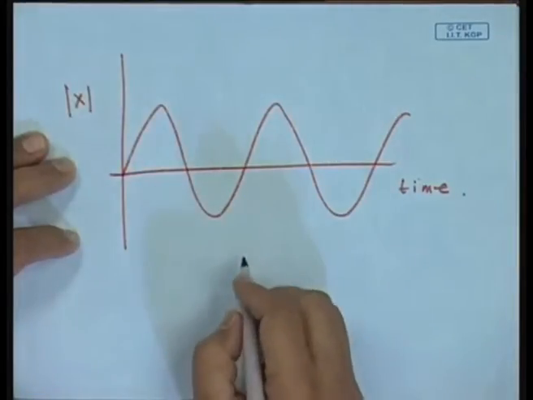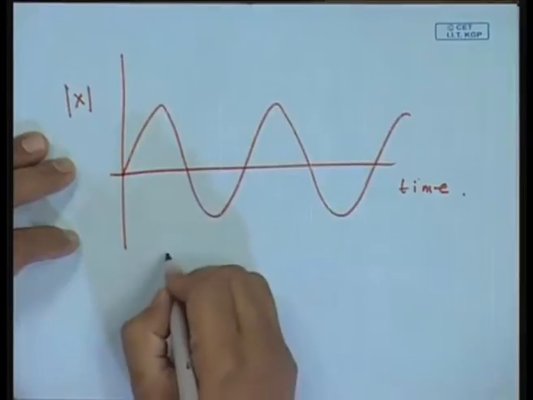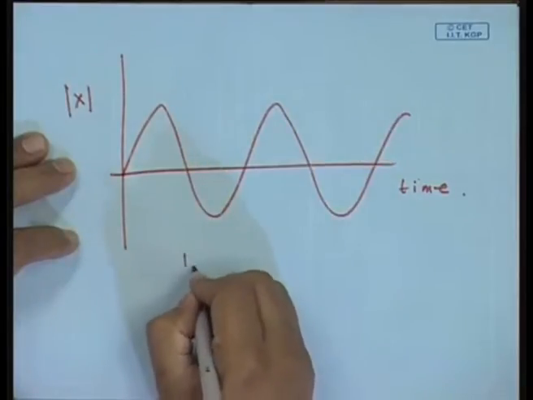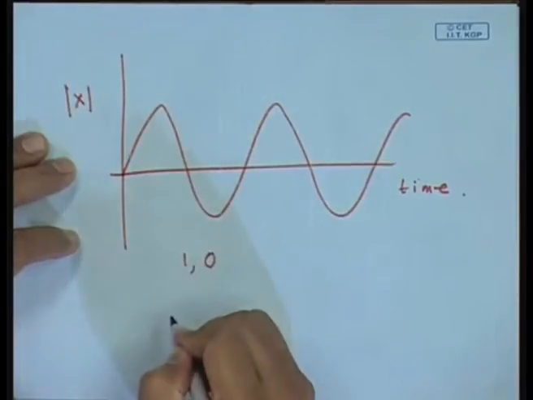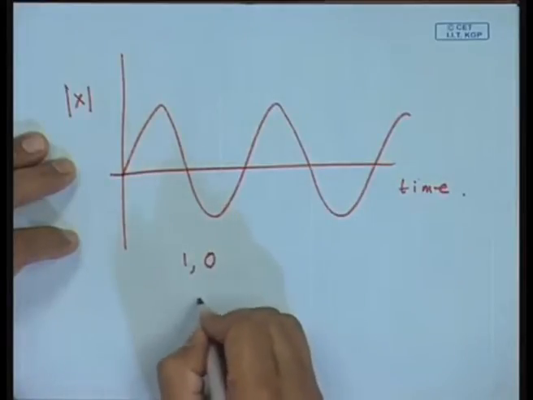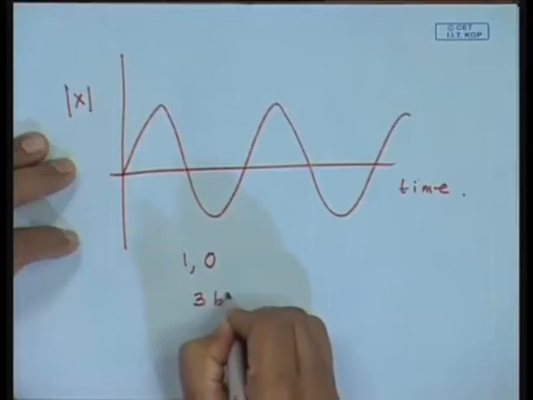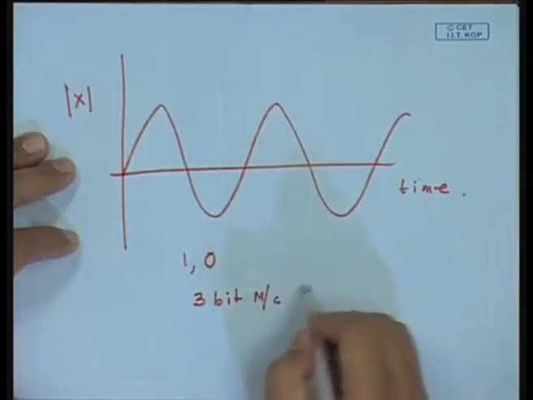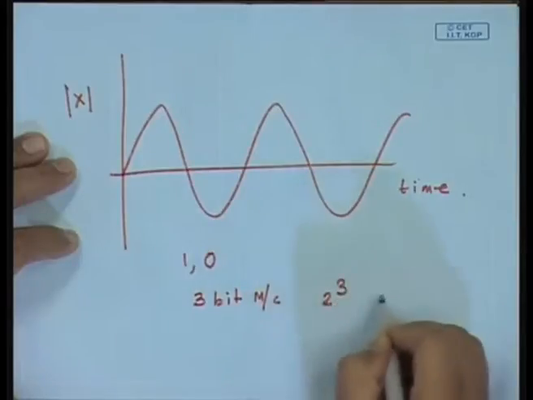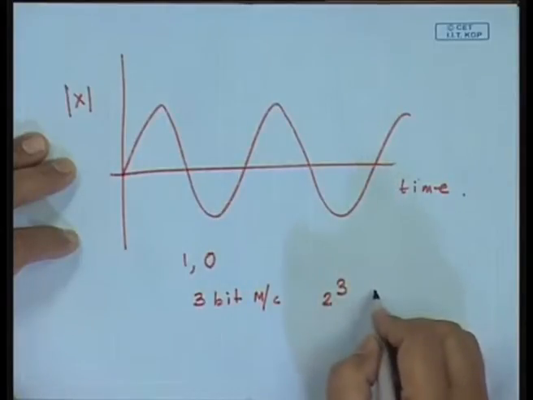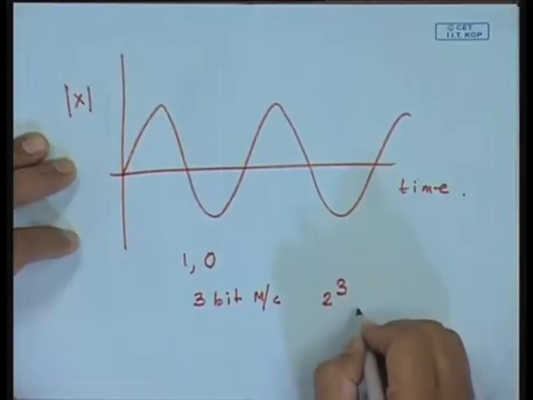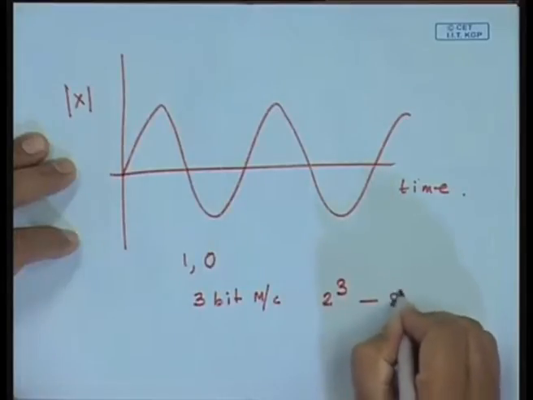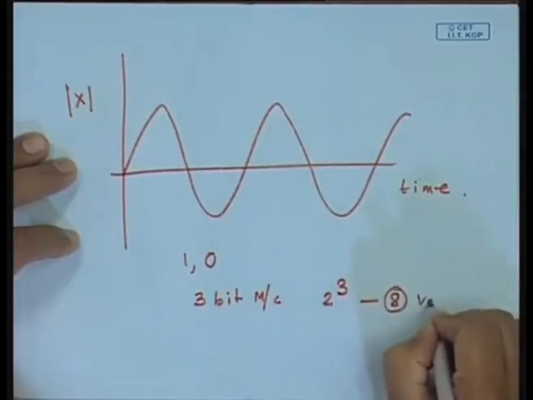Now, as you know, in a computer, data are stored either as ones or zeros. Say, for example, if it is a 3-bit machine, it can possibly have 2 to the power 3 combinations of ones and zeros, and this gives a maximum of 8 values.